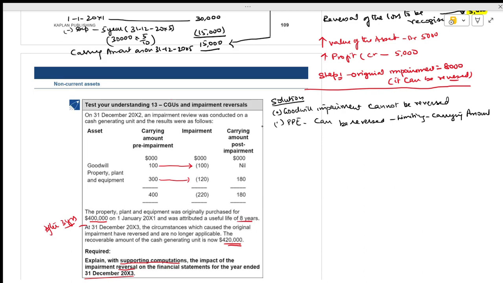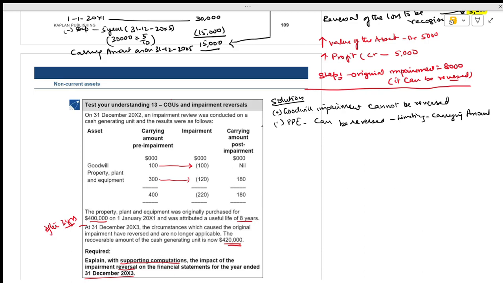What is the carrying amount? See, they have property purchased for 40,000, for how many years?